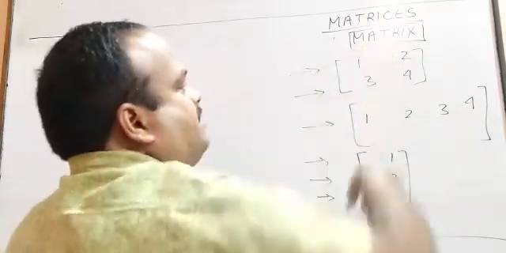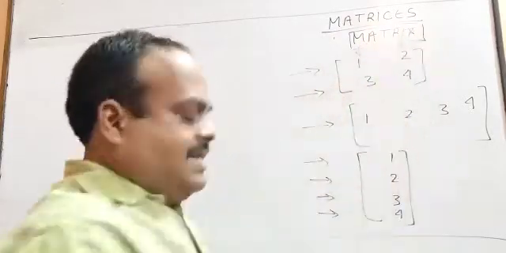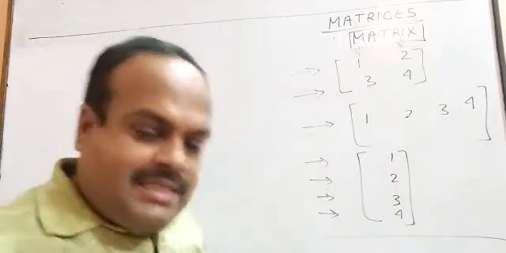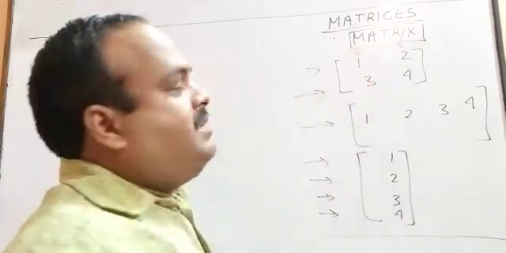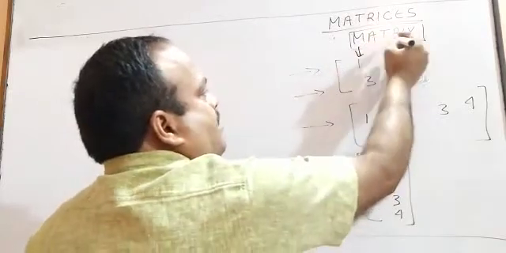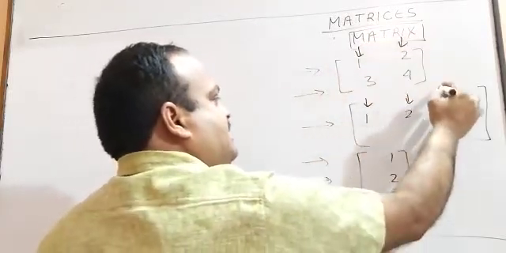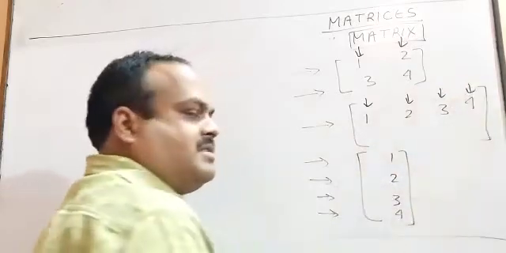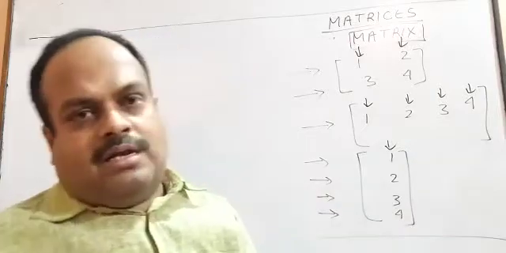Here we can have 2 vertical lines. So we can say that this arrangement has 2 columns. This arrangement has 4 columns. And this arrangement has just 1 column.